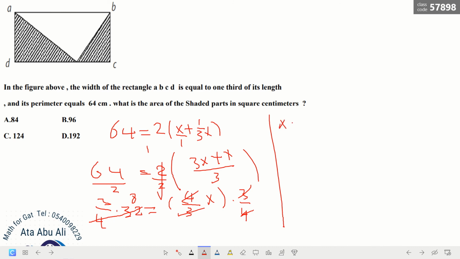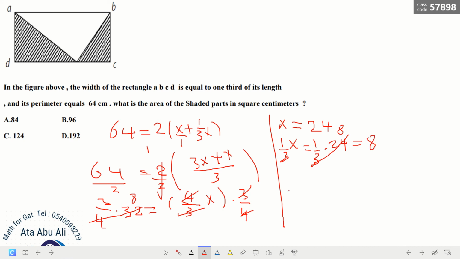Now let's go back here. 1/3 of x is equal to 1/3 of 24. You know that 24 divided by 3 is 8. So the answer is equal to 8.